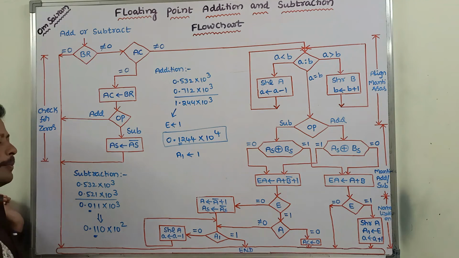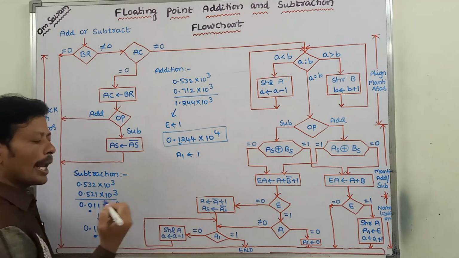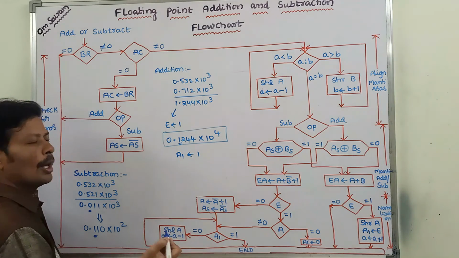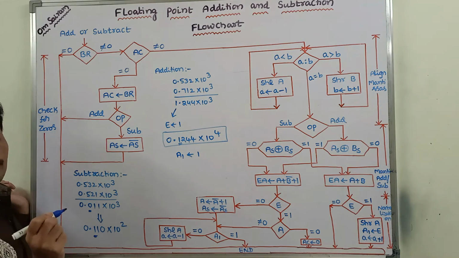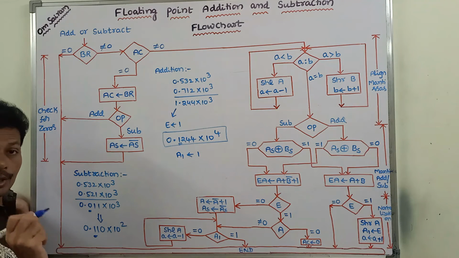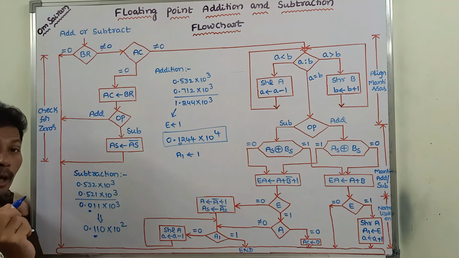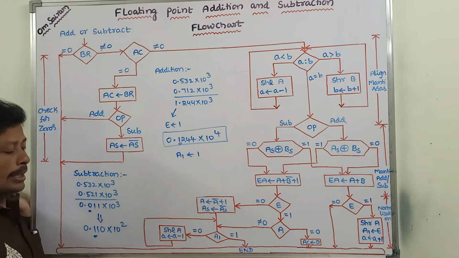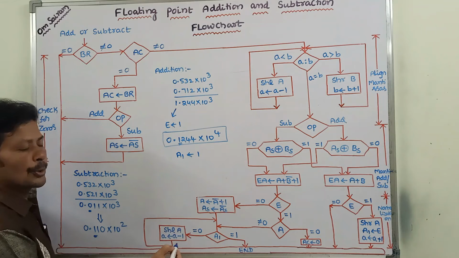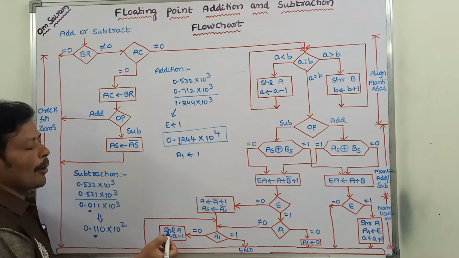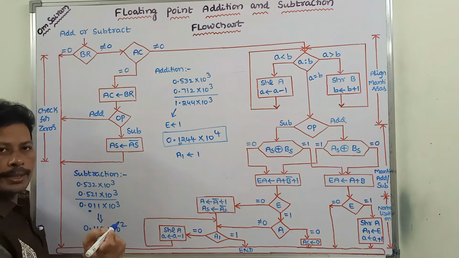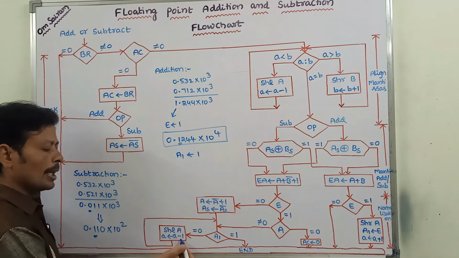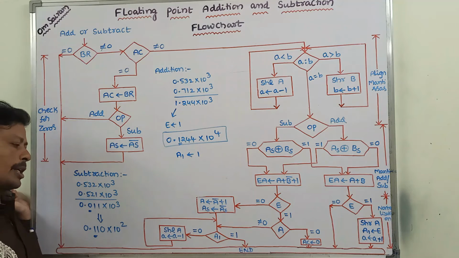So we have to check the A1 value. If A1 value is equal to 0, the most significant bit of the mantissa is 0, and it is not normalized. To get the normalized result, we perform these two steps: shift left operation on the mantissa of the first floating point number A, and then decrement the exponent value.